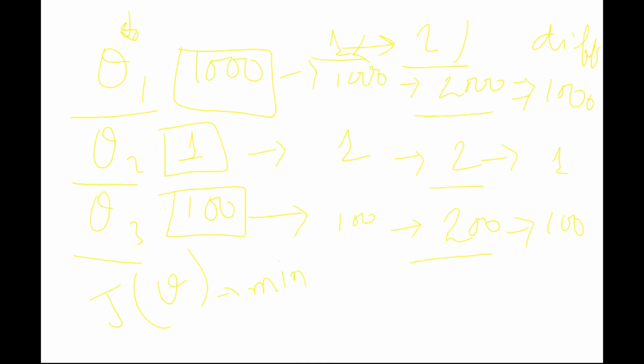This is changing in thousands, this is changing in just a single digit, and this is in hundreds. Understood? Yeah. So with small changes in theta, there is much difference in the changes of my features, that is, the complete theta into feature term.